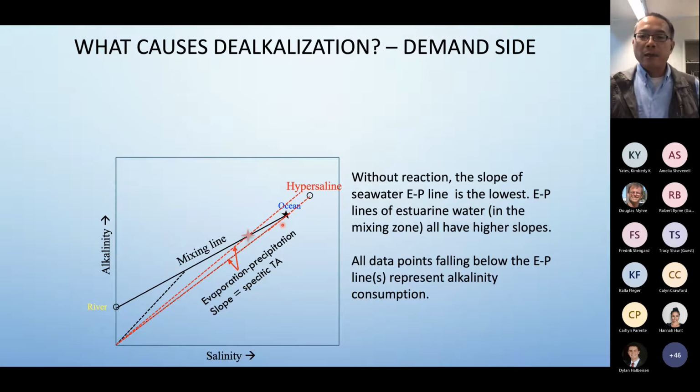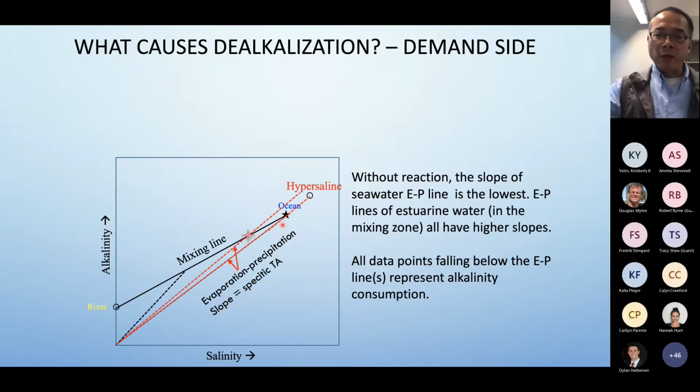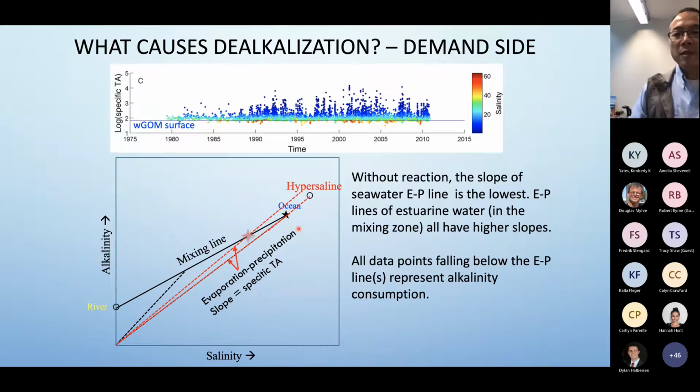So if you have a mixing line or evaporation line, any data point falling below this line would indicate there may be a process that consumes alkalinity. And actually, this is what we saw using the TCEQ data.